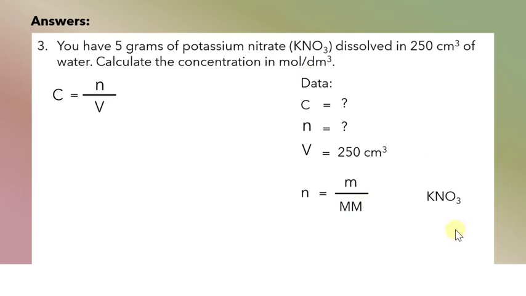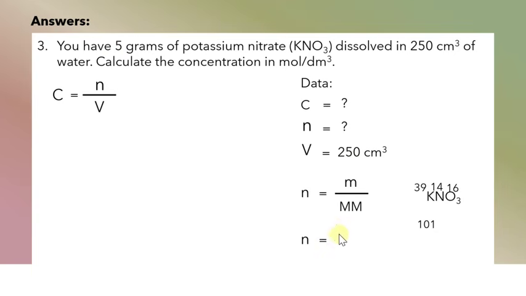Now this is potassium nitrate, so the molar mass, we know potassium is 39, nitrogen is 14, oxygen is 16. So when you total up everything, you get 101. So you start substituting, because number of moles will be equal to mass, which is provided here. Mass is 5 grams.